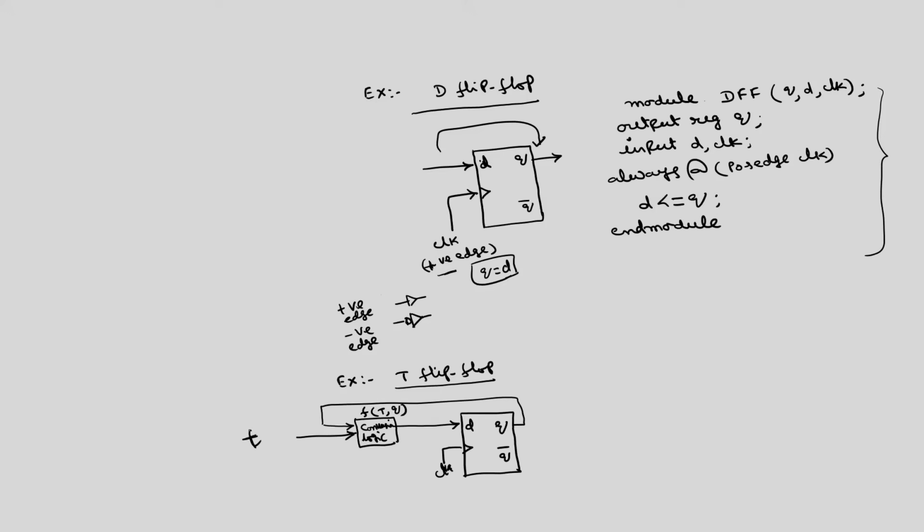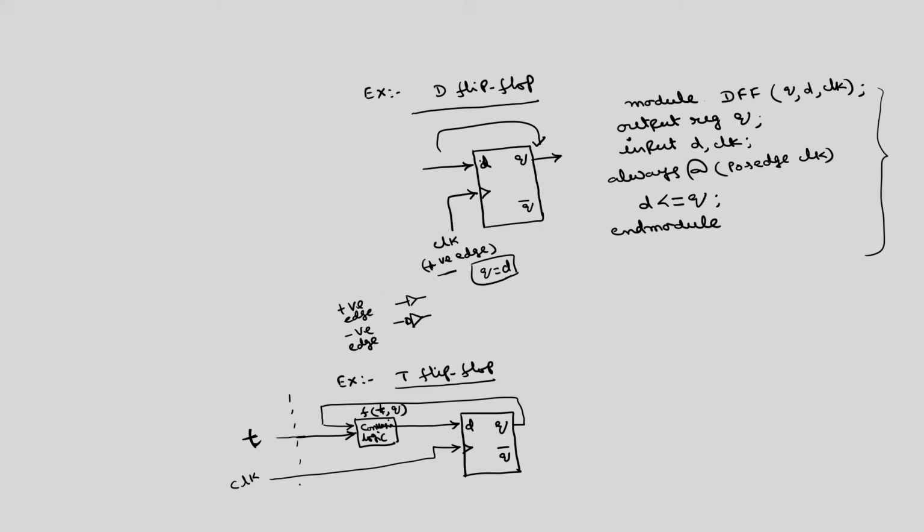You can use lowercase letters, it is up to you. Now, overall the clock is of course common, this clock will be the clock for the T flip flop also. So, this is the clock, CLK.